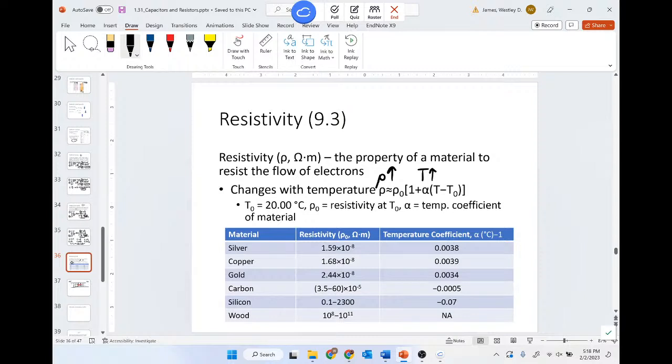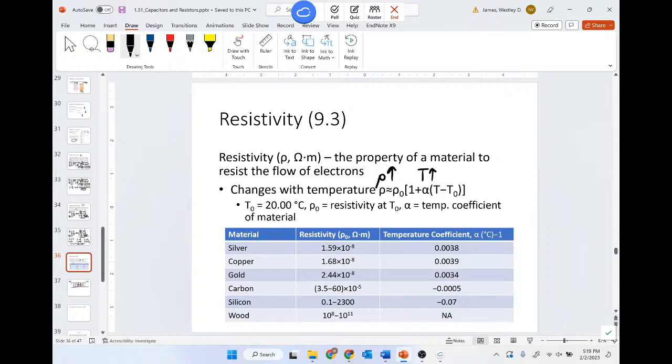Let's look at wood. Hopefully you know that it's a bad idea to build circuits out of wood. The resistivity here is huge, 10 to the 8, 10 to the 11. That's a big number. Let's look at silver. Let's look at copper. This is 1.68 times 10 to the minus 8. That is 16 to 19 orders of magnitude difference in how easily electrons move through it.